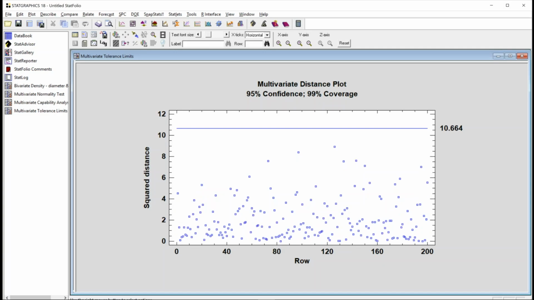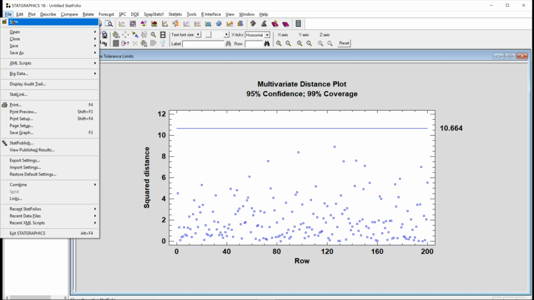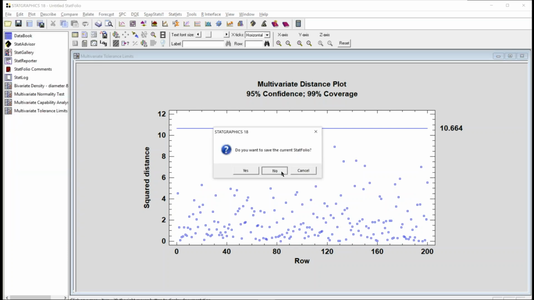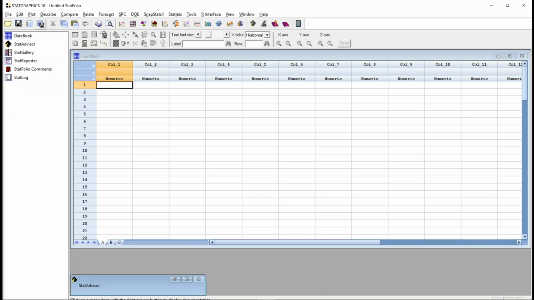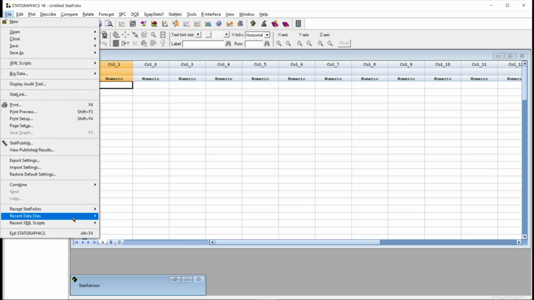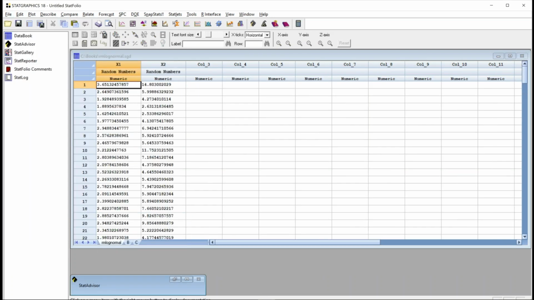Okay? Now, let me just demonstrate this for you. Let me close off this particular data file and open up a second data file. I have a second data file with 2 columns of random numbers that I've generated from a log normal distribution. Okay?